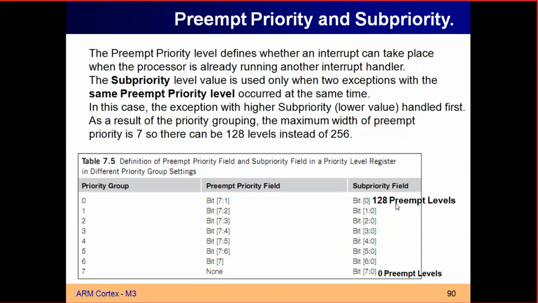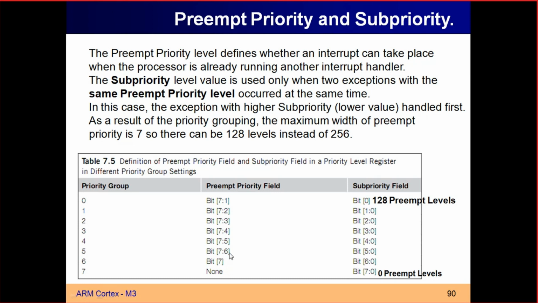So 128 levels. But if I am configuring the priority group as 1, what will happen? The preempt priority field will be from the second bit to the 7th bit, and bit numbers 0 and 1 will be for sub priority. But here for our example, we have taken priority group 5. I have made the group setting as priority group 5. What will happen?